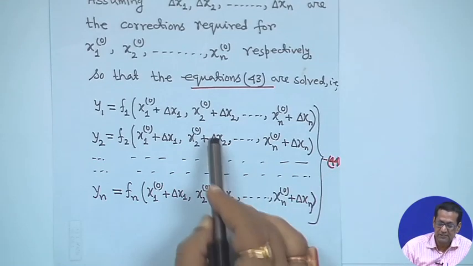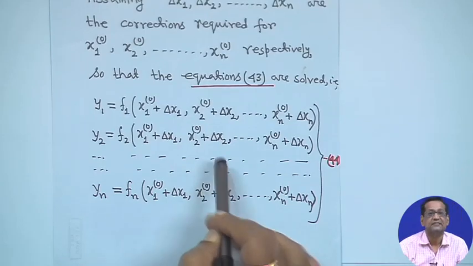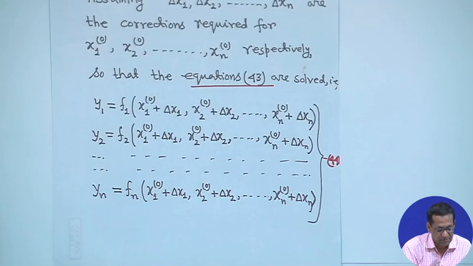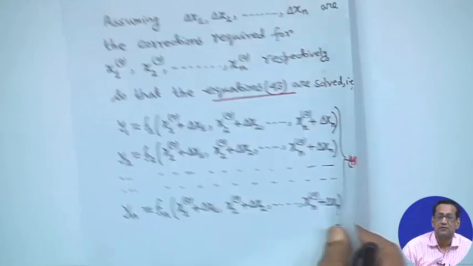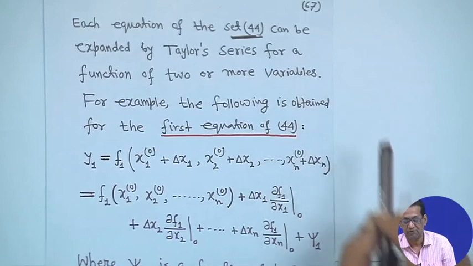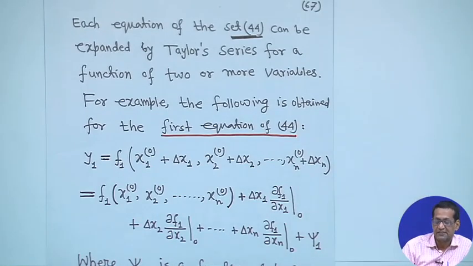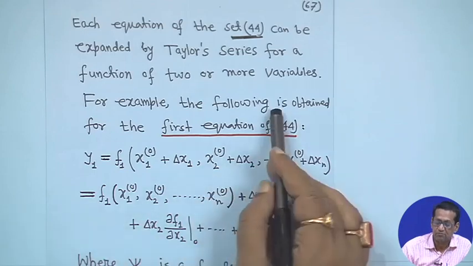Now, this equation you have to expand in Taylor series, and we will consider only the first order terms; second order or higher derivatives we will not consider. So, the set of equations 44, because you have n nonlinear equations, can be expanded by Taylor series for a function of 2 or more variables.